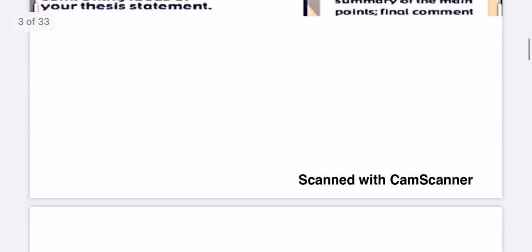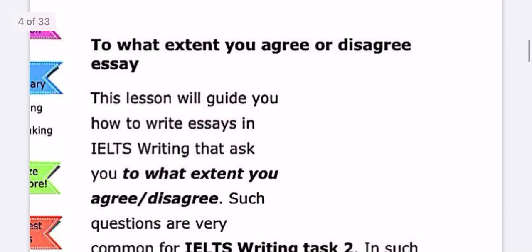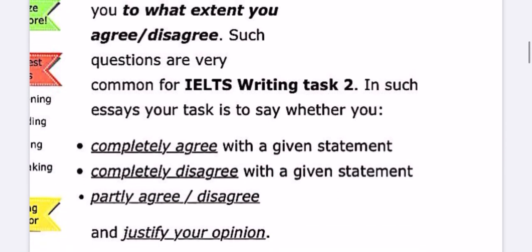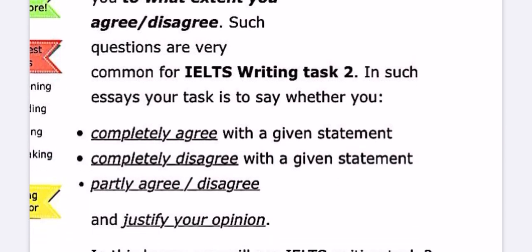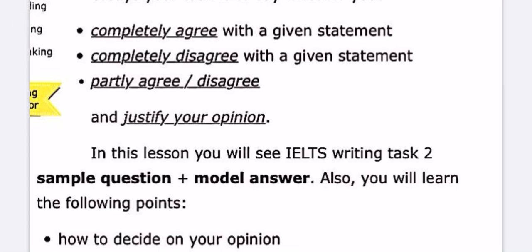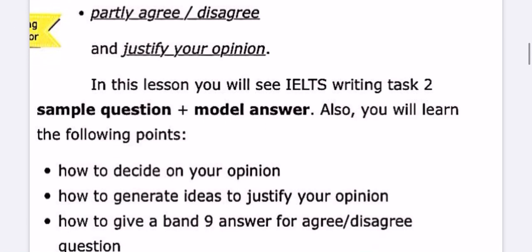So this you can go through, and let's begin with the explanation of to what extent do you agree or disagree. This essay you can write in three ways. Either you can completely agree, or you can completely disagree, or you can partly agree or disagree. Any one of the three patterns you can follow and justify your opinion with the help of statement, reason and example.